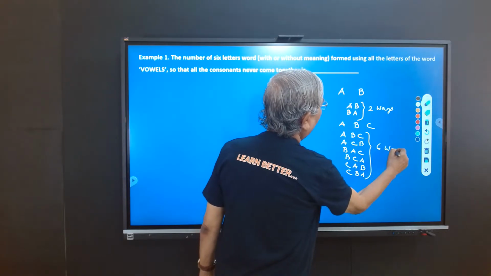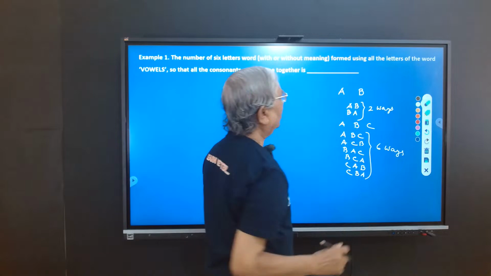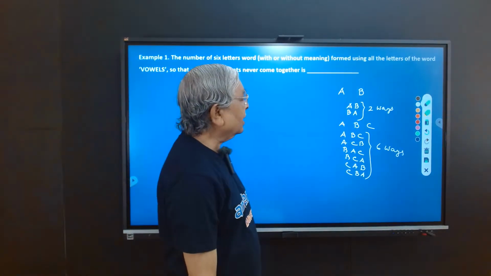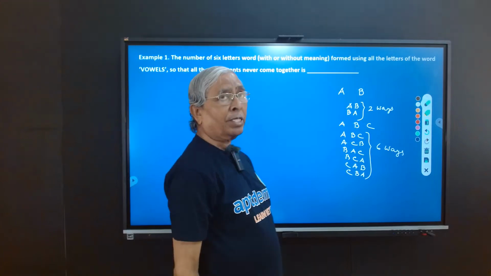So we can arrange the three letters in 6 ways. So two letters can be arranged in 2 ways, and 3 letters can be arranged in 6 ways.